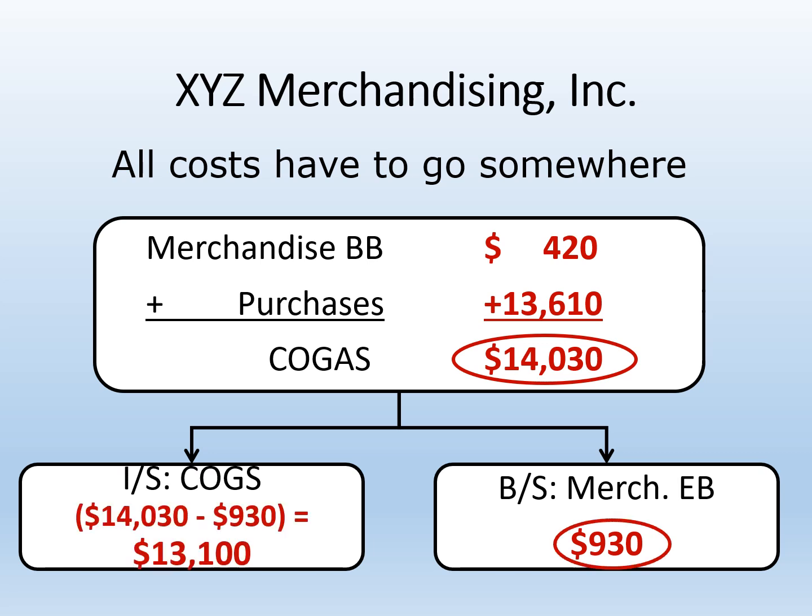To find the dollar value of the goods that were sold, all we have to do is take the dollar value of all of the goods that could have been sold, subtract out the dollar value of all of the goods that obviously didn't sell, because they're in the merchandise ending balance, and the answer will be the cost of goods sold. Now we're ready to prepare the income statement.